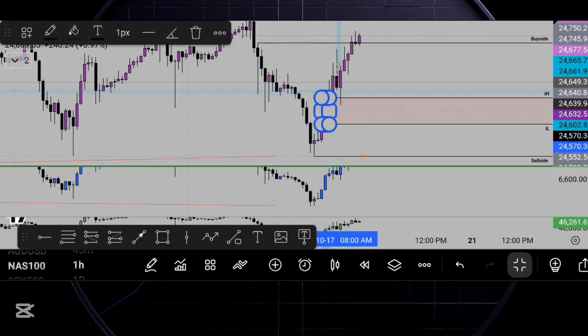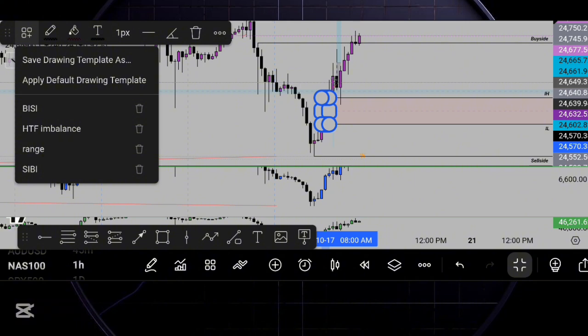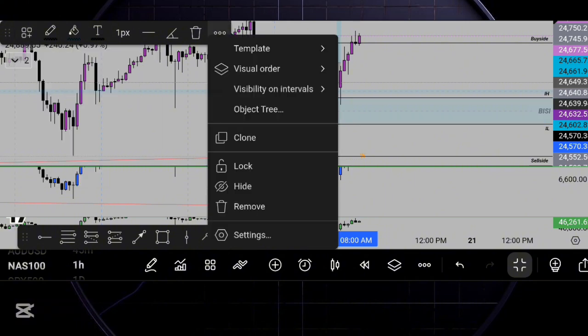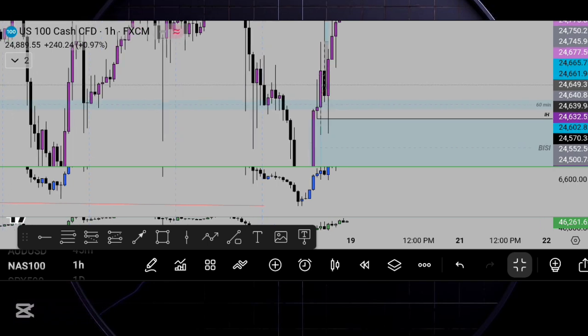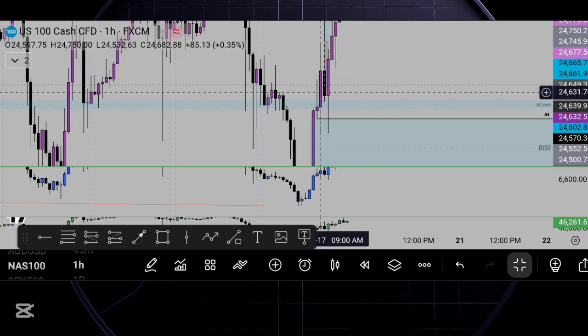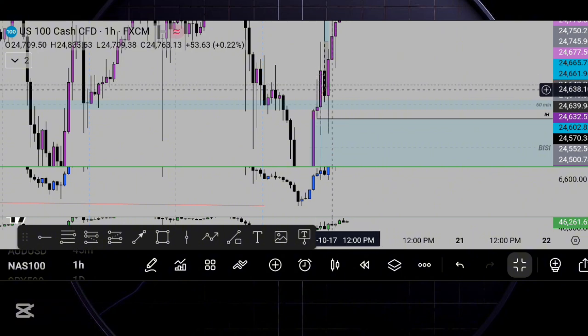So the premise that I took on this trade, the first trade, which was a loss, after the price opened a little bit high after sweeping the 8 a.m. candle right here.